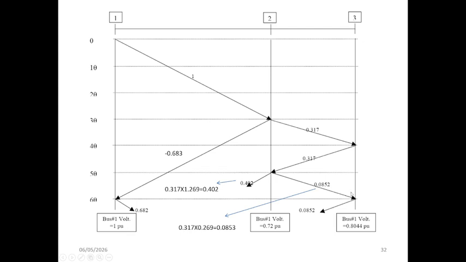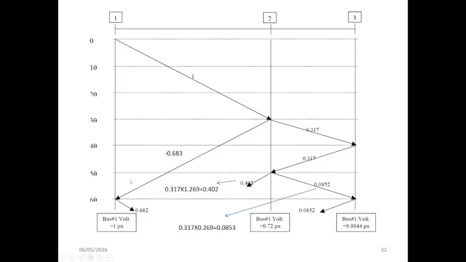These successive reflections gradually modify the voltages at each bus and indicate that the voltage at bus 2 becomes 0.72 per unit, while the final voltage at bus 3 is equal to this value, 0.8044 per unit. This lattice diagram is very useful in transient analysis because it visually tracks wave propagation, reflection, transmission, and resulting voltage buildup in a transmission network.